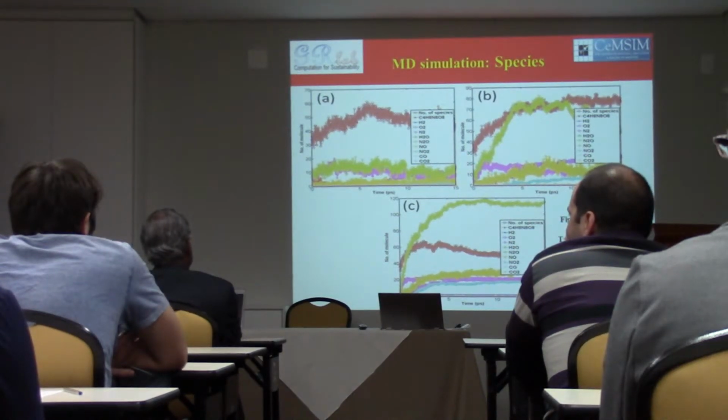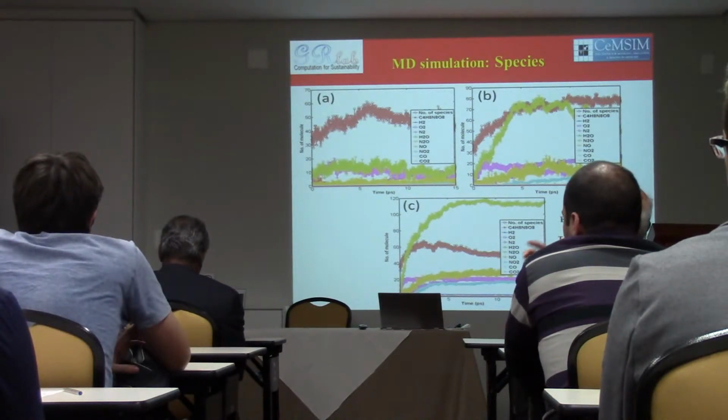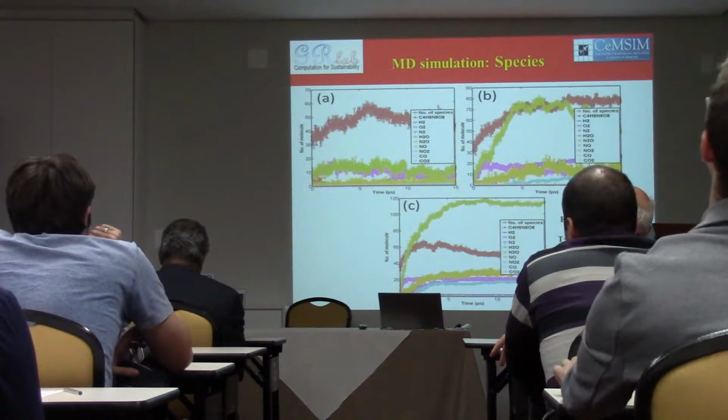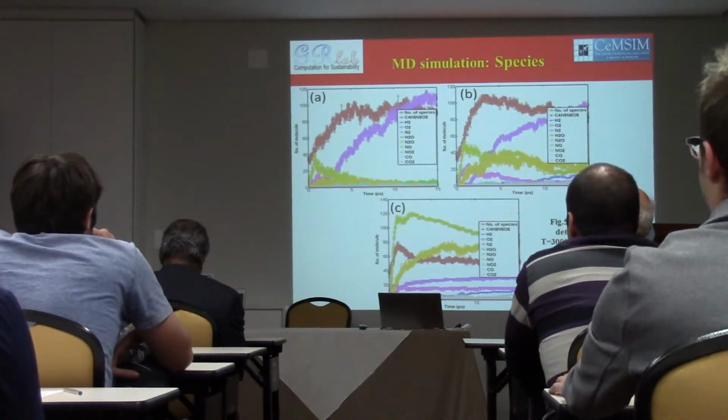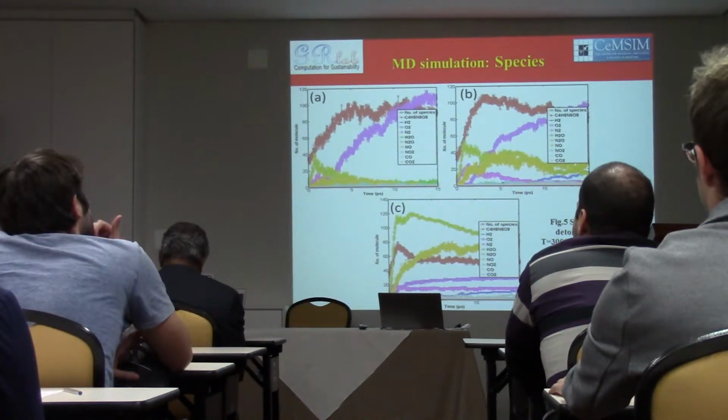But then we increase the temperature, and the situation gets more complicated. We still analyze the data, but we haven't been able to conclude what should be done for the generation of the EOS at this moment.